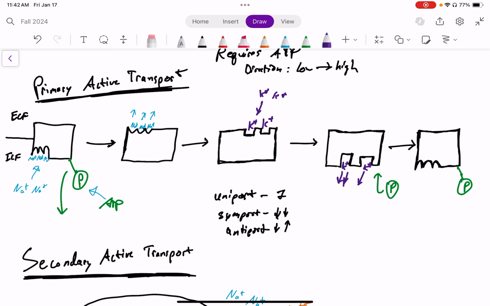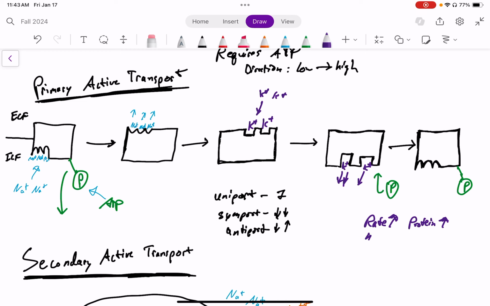And so, as we can see here, because it requires the use of transport proteins, the rate would also increase as the amount of proteins increases. And it's not as affected by concentration gradients because it's pulling the particles typically from low concentration to high concentration.